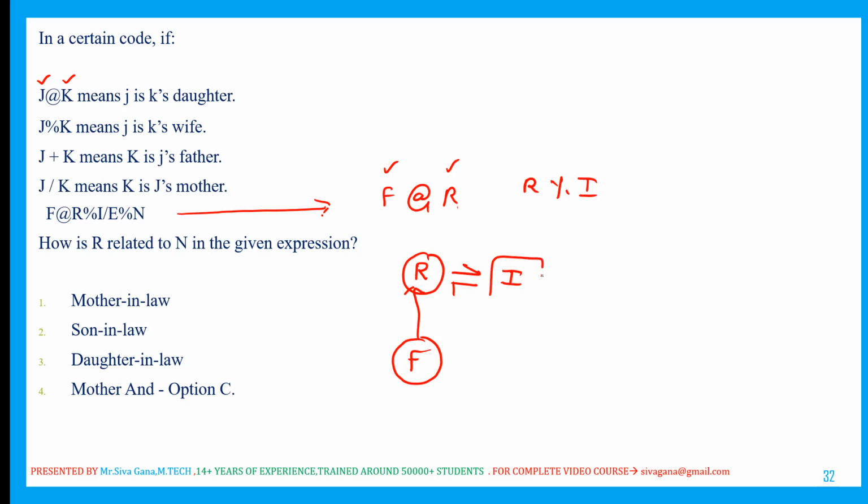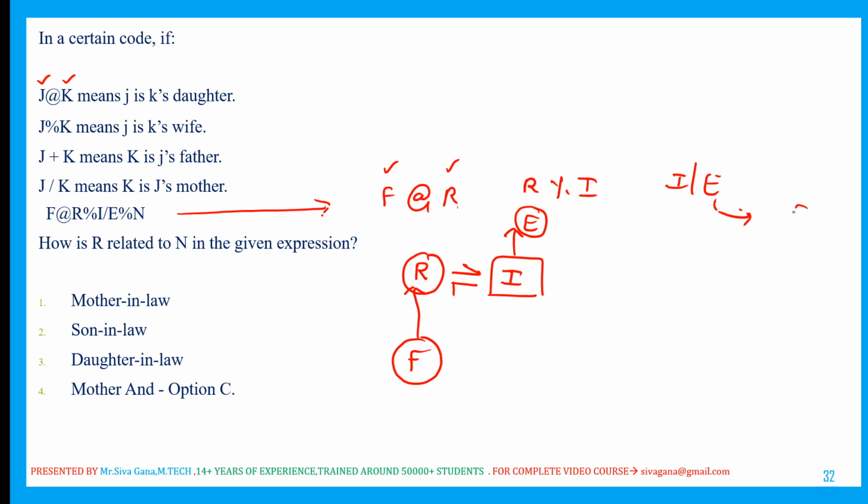Now next is I / E. Divided by means J / K, K is J's mother. So E is I's mother. E is I's mother. What next?